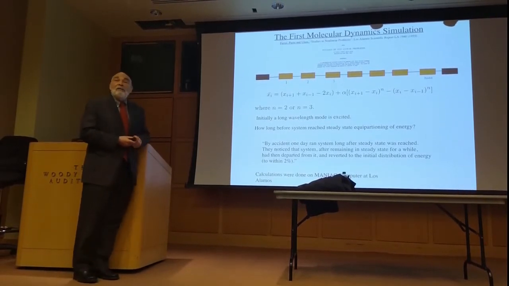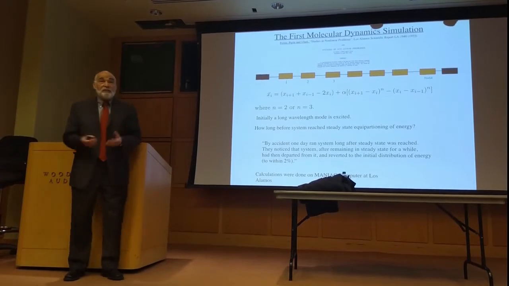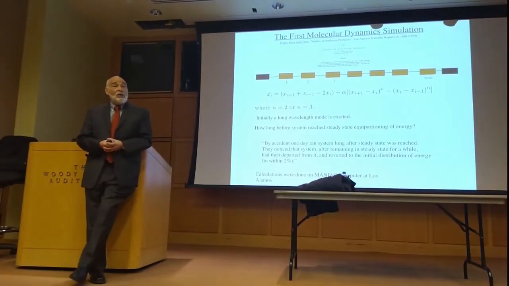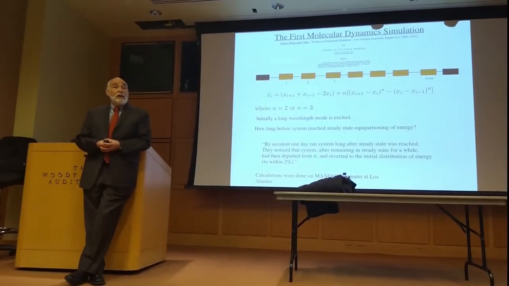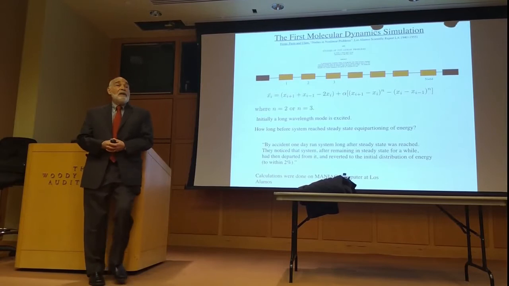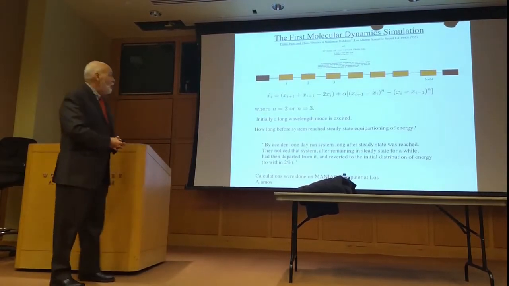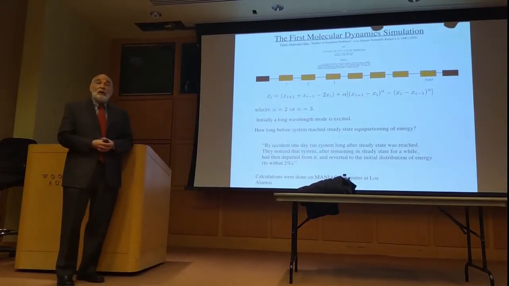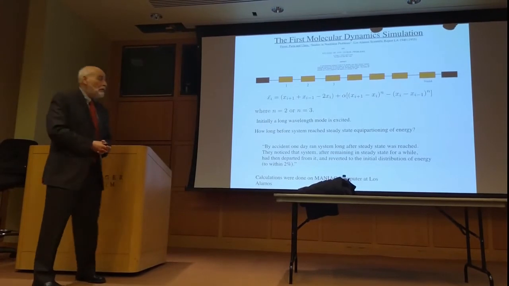The issue being, since all of statistical mechanics is based on the assumption of ergodicity, that the systems of interest are ergodic, and there were no real theorems aside from Birkhoff's theorem, which wasn't very useful.